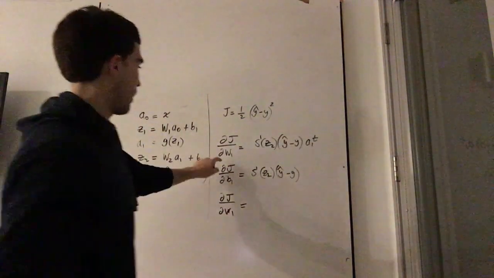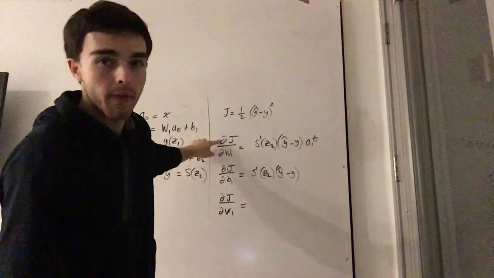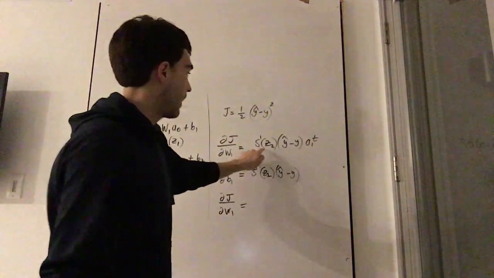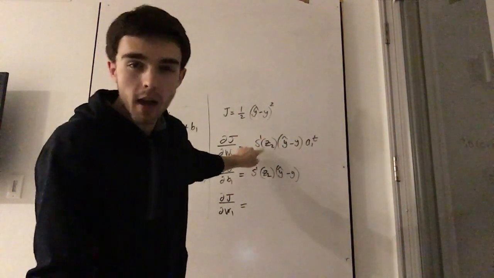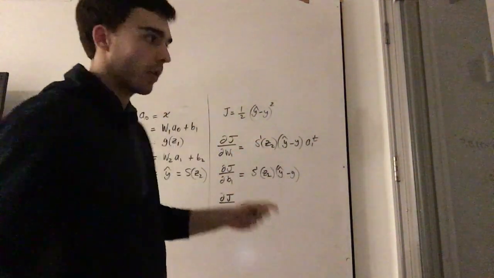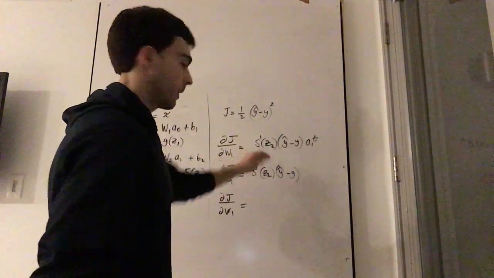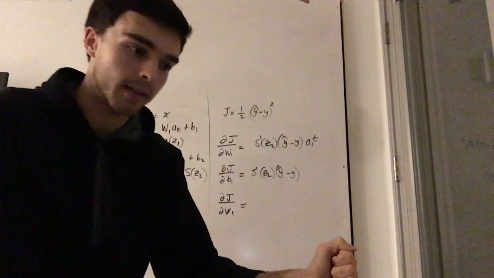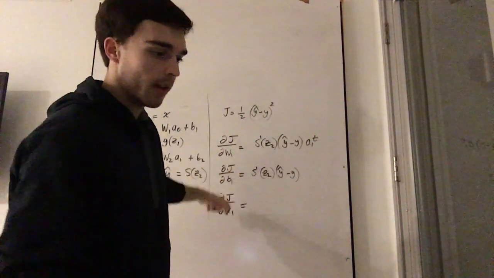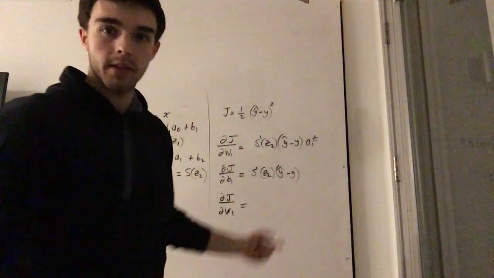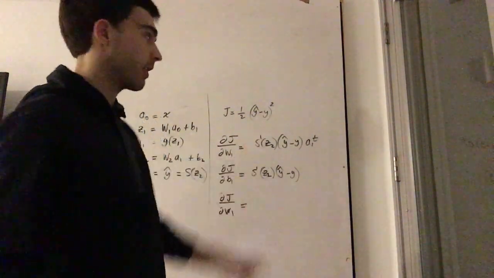Okay, so the partial derivative of our error function with respect to W1 is going to be the Jacobian of the softmax function. So you need the Jacobian matrix because the softmax function has all 10 of your neurons. The output layer has 10 neurons.